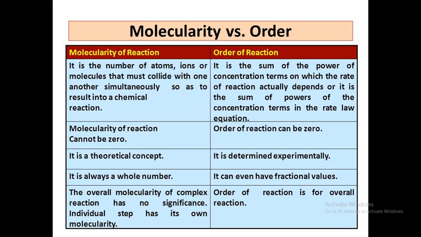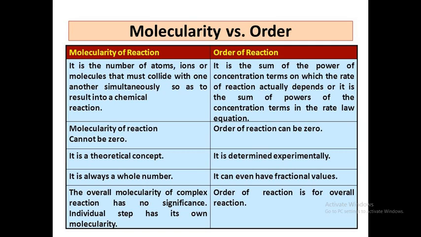Again, the sum of the exponents in the rate law expression is known as order of that chemical reaction. That means earlier we discussed alpha plus beta equal to n, and that n represents the order of that chemical reaction.